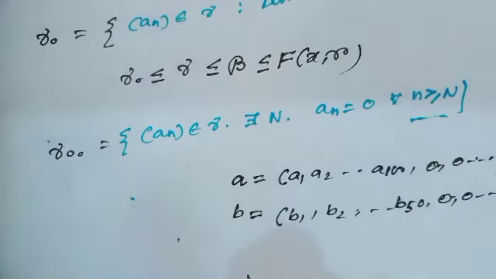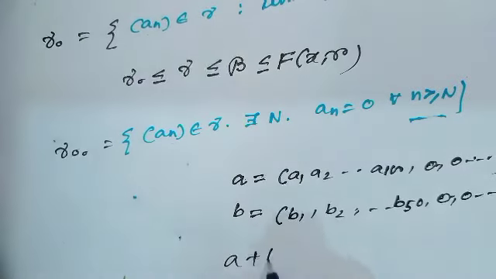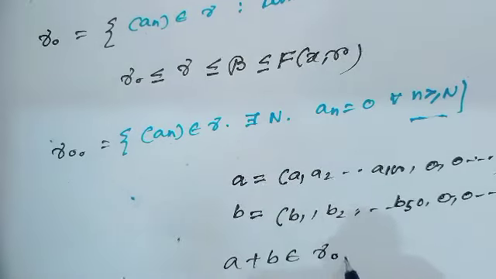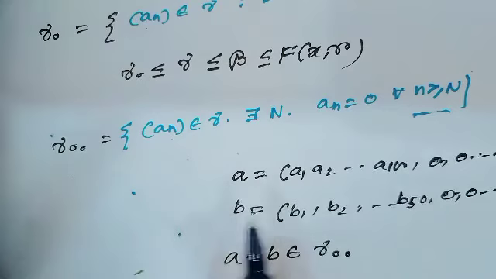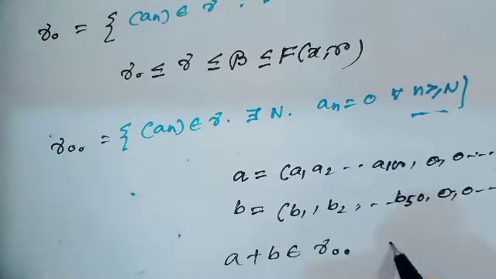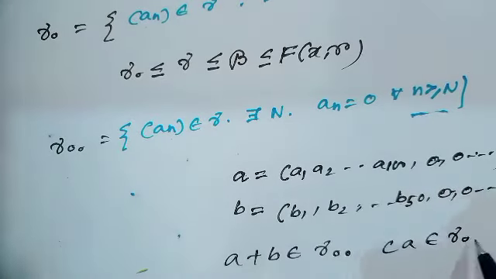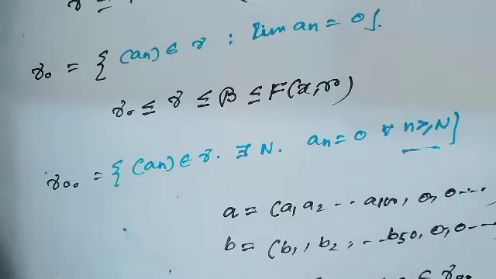And obviously A plus B belongs to gamma naught, double naught. Similarly, if we multiply by any scalar, this also belongs to gamma double naught. So obviously this is a vector subspace.